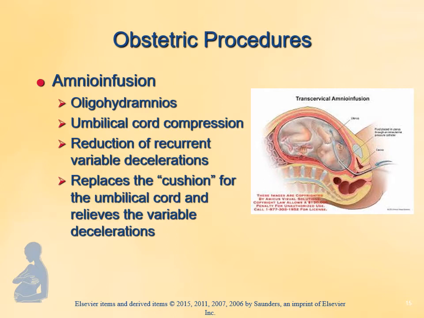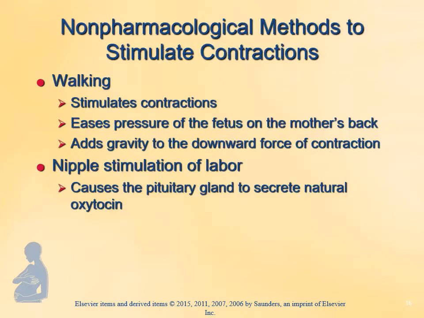It can also be used if the baby has really low fluid and we want to instill a little bit more fluid. So it just provides some extra cushion for that umbilical cord.